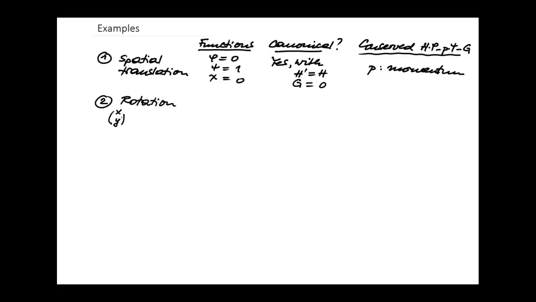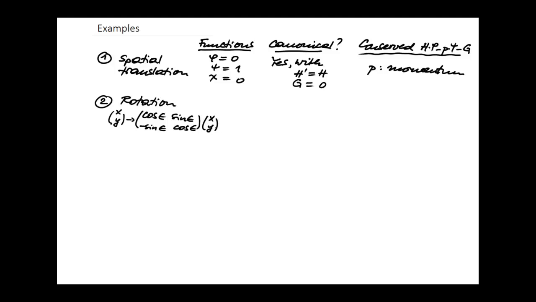And they are transformed via a rotation matrix which has the entries cosine epsilon, sine epsilon, minus sine epsilon, and cosine epsilon, where epsilon is an infinitesimal angle applied to the original x and y.